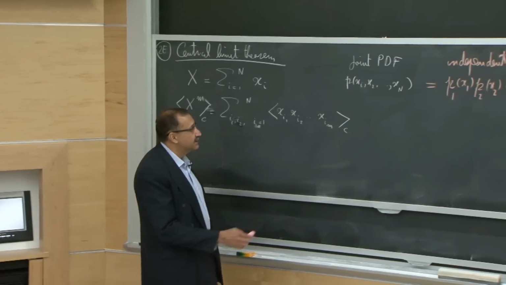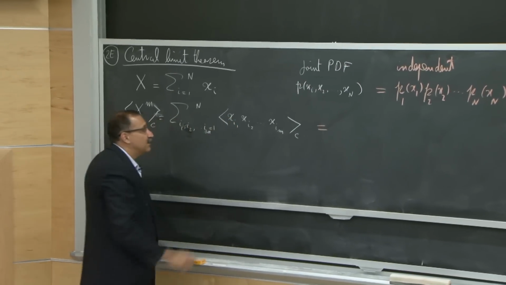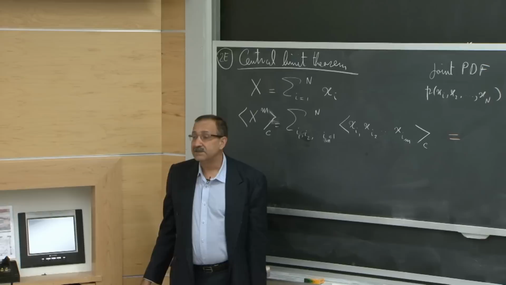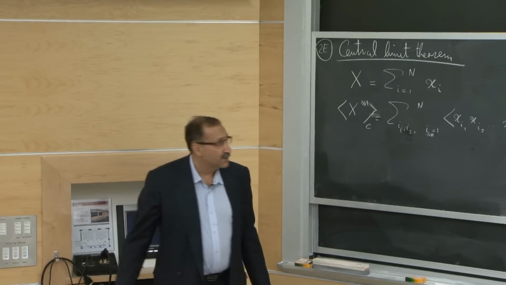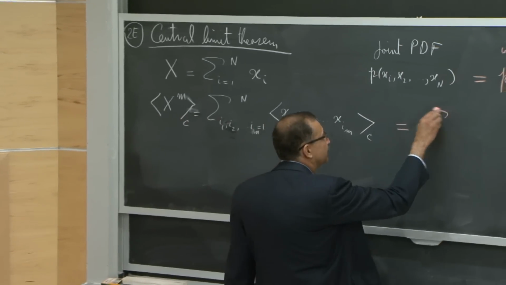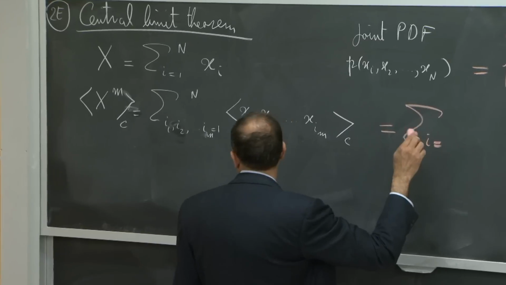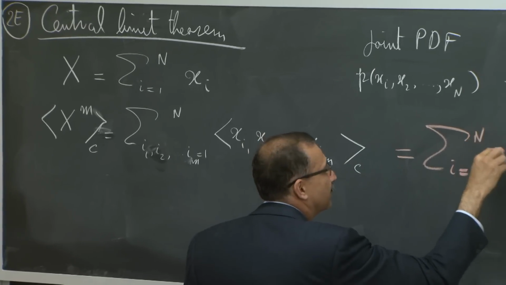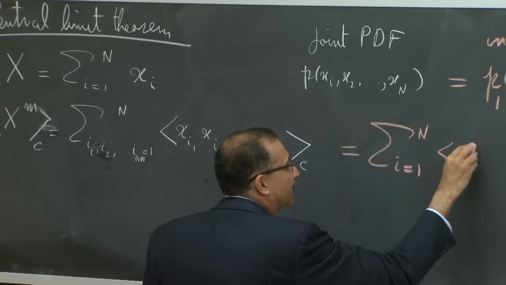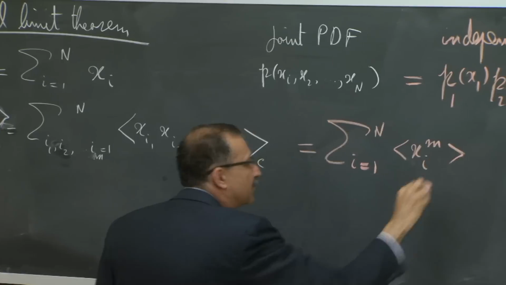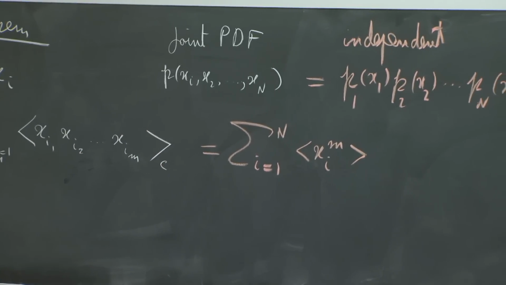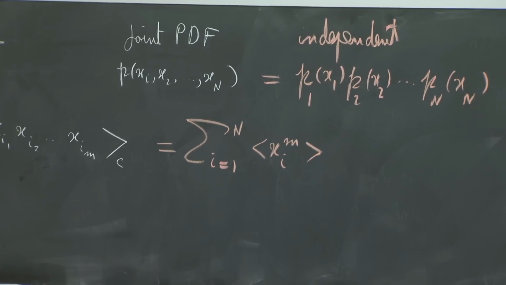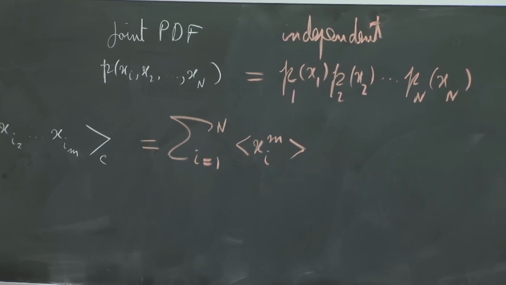So in that limit, the only terms that would survive were the ones in which all of the indices were the same. So basically, in that case, I would write this as a sum i running from 1 to n, xi to the power of m. So for independent variables, the variance is the sum of the variances. The third cumulant is the sum of the third cumulants, etc.